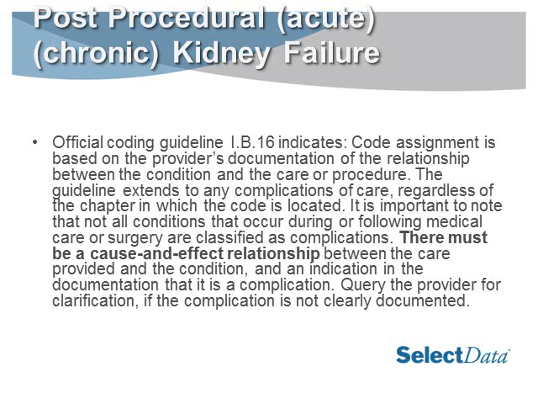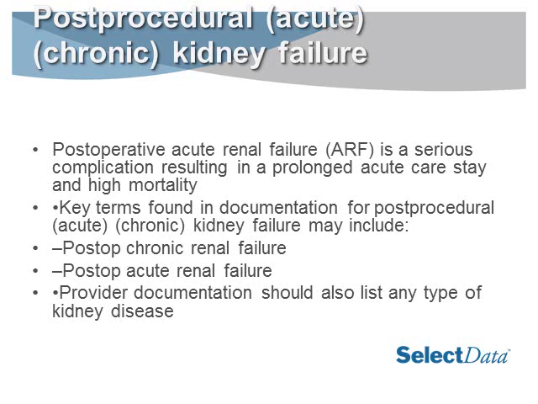It's important to note that not all conditions that occur during or following medical care or surgery are classified as complications. There must be a cause and effect relationship between the care provided and the condition, and an indication in the documentation that it is indeed a complication. You must query the provider for complication clarification if it's not clearly documented, because the physician has to be the one to state the causal relationship.